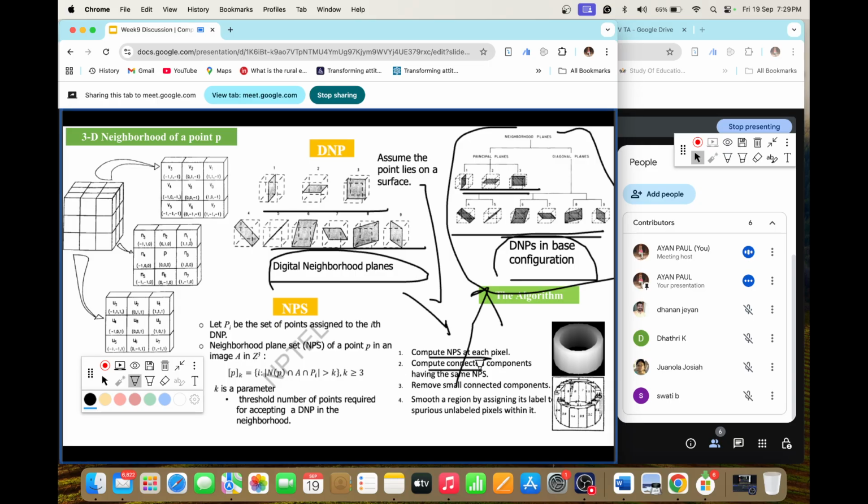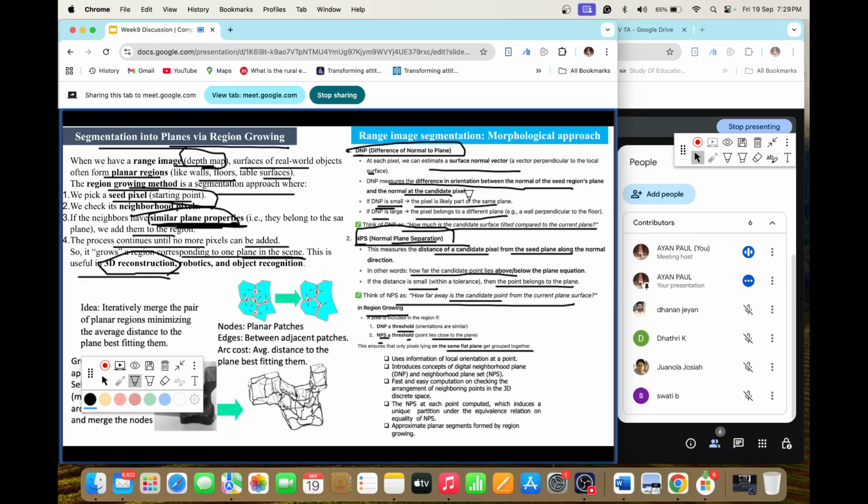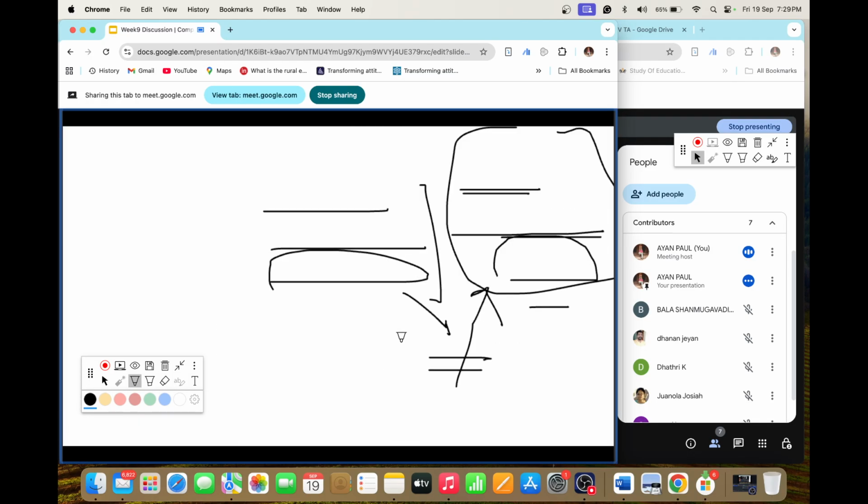That is how they have done it in the algorithm. But as I have told you, if you have to grow the region, you have to see both DNP as well as NPS. If DNP is lesser than a certain threshold and NPS is lesser than a threshold, then only can you add those candidate pixels to your seed pixel and grow it into a region. So that is how you do it.